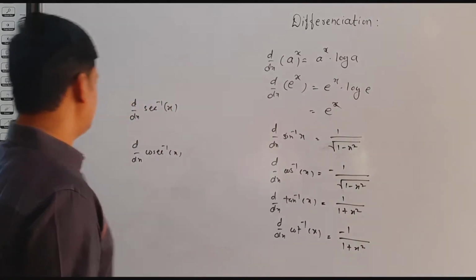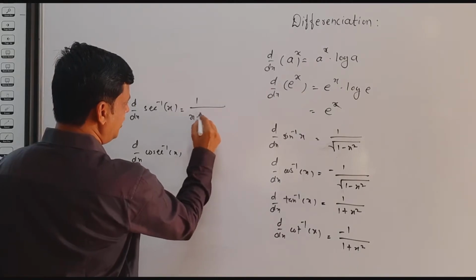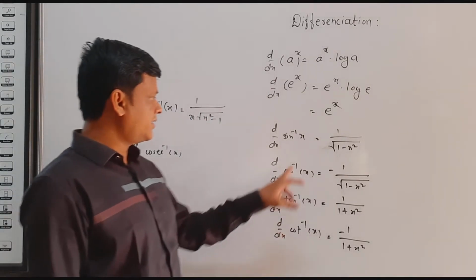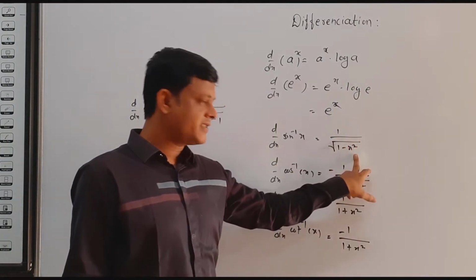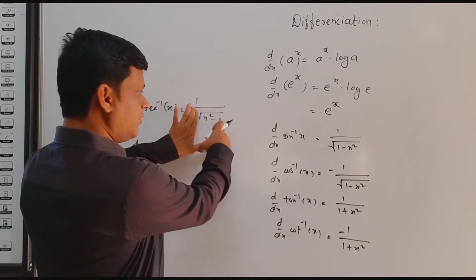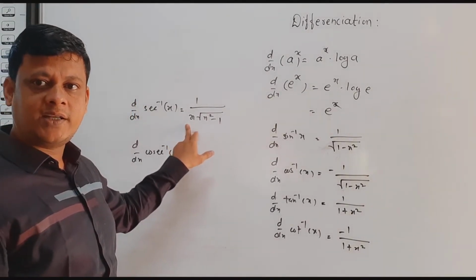Then we have to find the derivative of sec inverse x, that is 1 upon x into under root x square minus 1. Again observe this: sin inverse is of the form 1 upon root 1 minus x square. Here the root term is x square minus 1 and there is one additional variable, that is x.